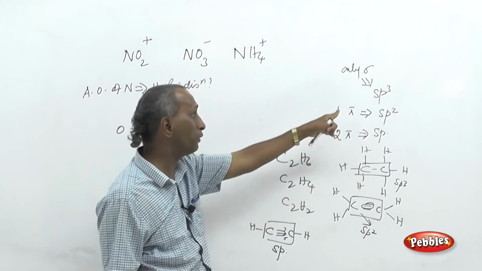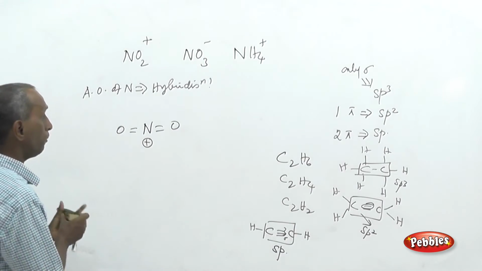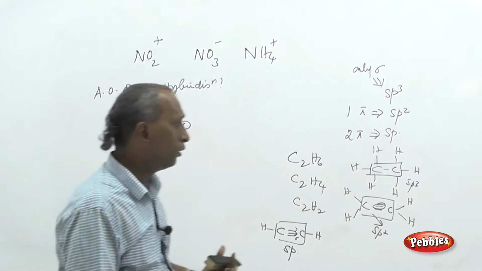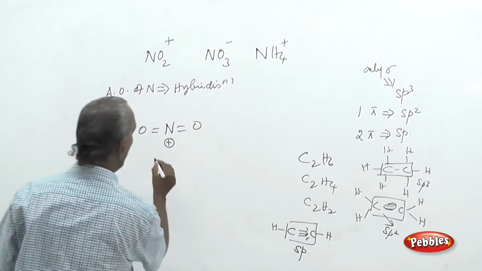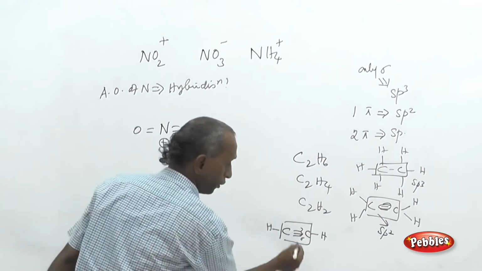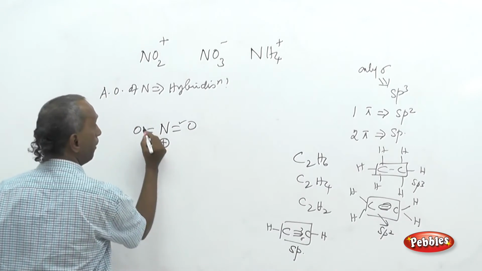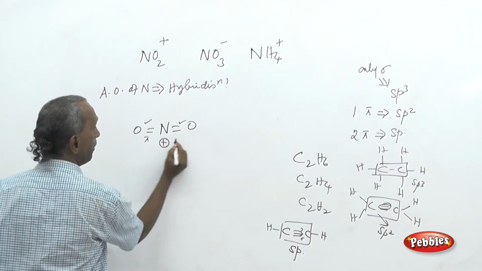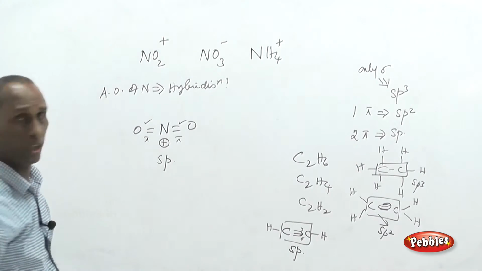We have to analyze for the presence of single or double bonds. Here also two double bonds are there, so two double bonds means sp hybridization. Here also nitrogen has two double bonds. Here it is one double bond, one pi bond. Where the number of pi bonds is 2, it is sp hybridization.